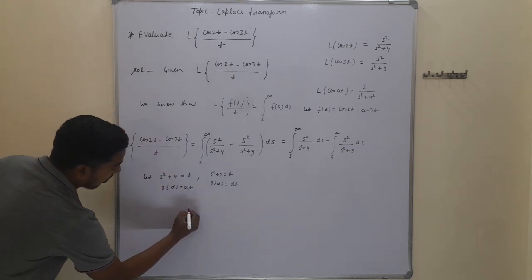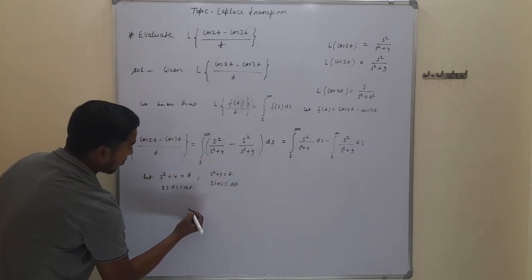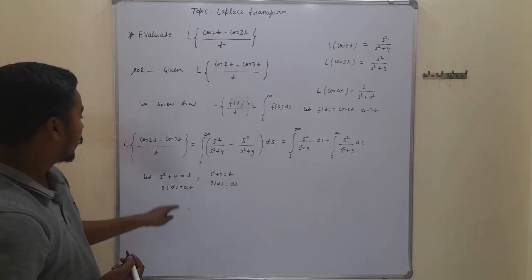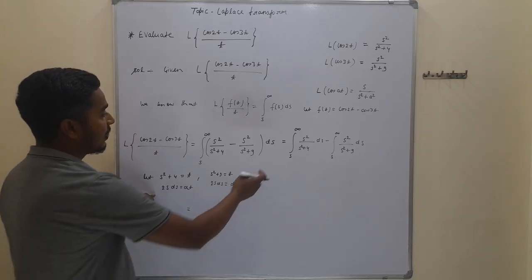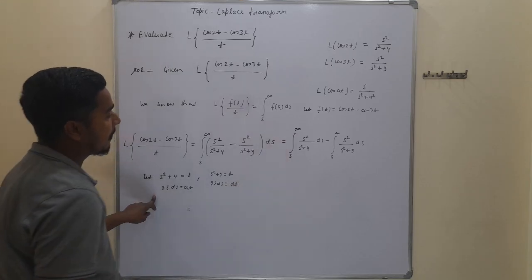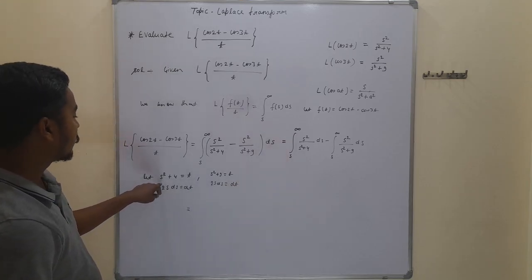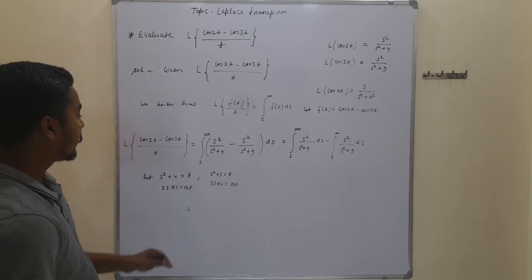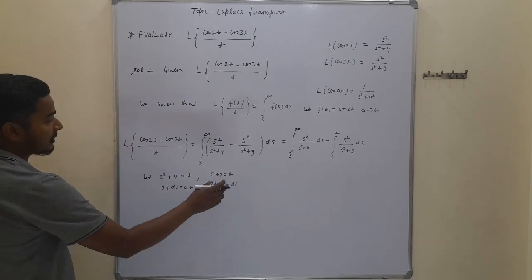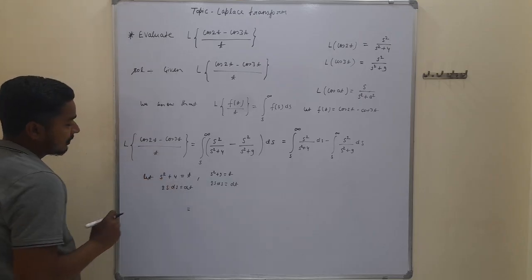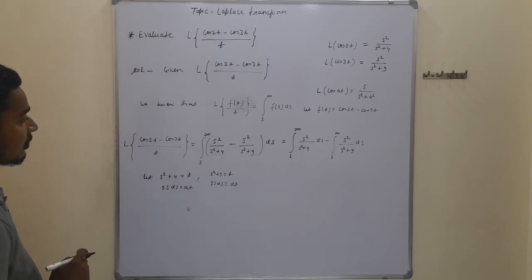We can also put the values here. We also have to change the limits. When s is equal to infinity, we get t equal to infinity, and when s is equal to s, we get the same.